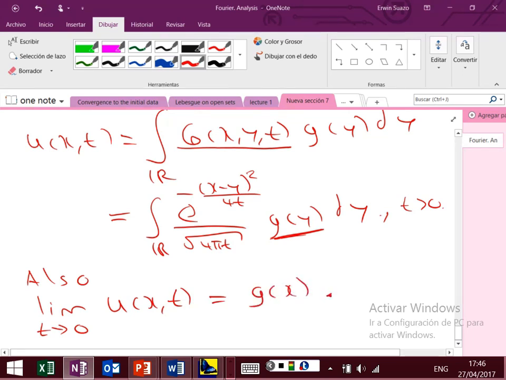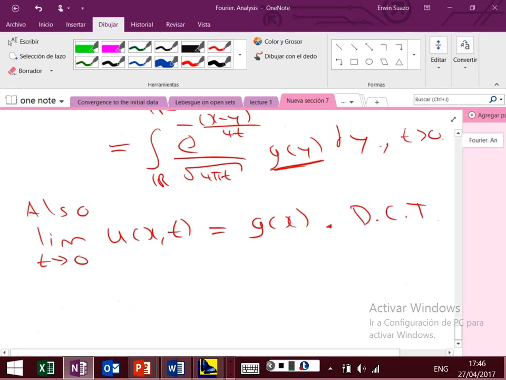How do you prove this? With the dominated convergence theorem. Okay. So you will recover your initial data. When t goes to 0, when time is 0, you should recover your initial profile. And that's how the heat was originally distributed.